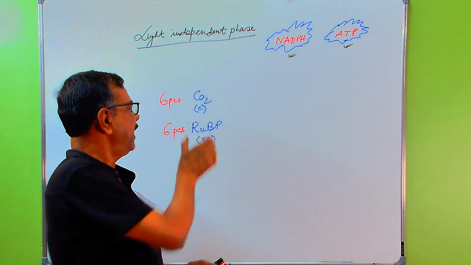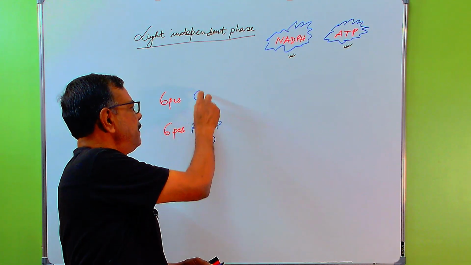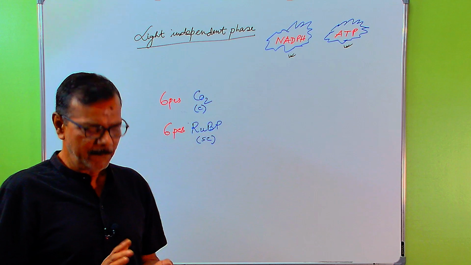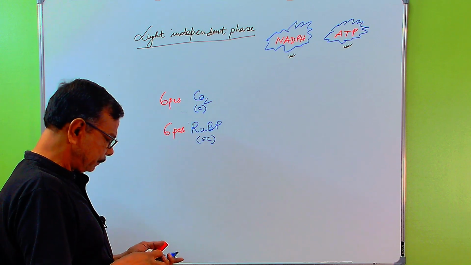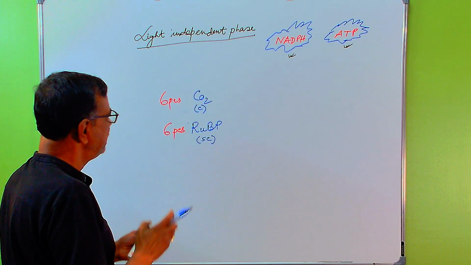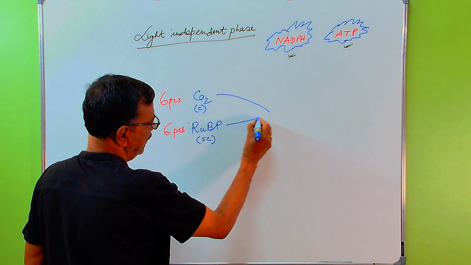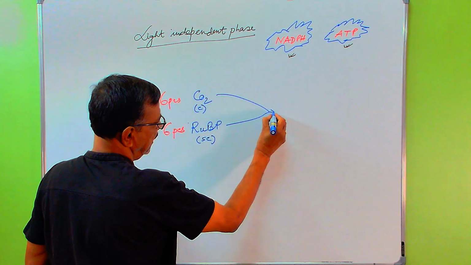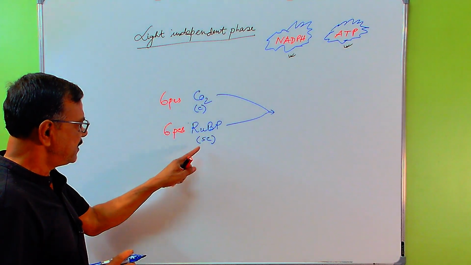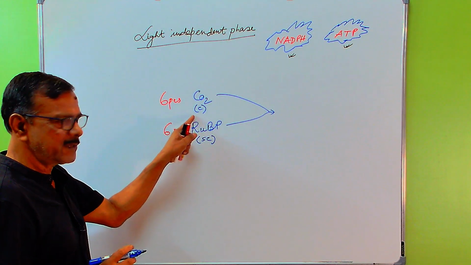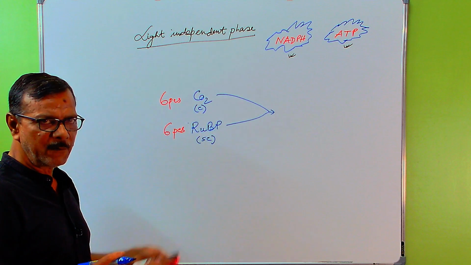And here 1 piece of CO2 contains 1 carbon. So these two come together to produce this: 5 plus 1, a 6 carbon compound.